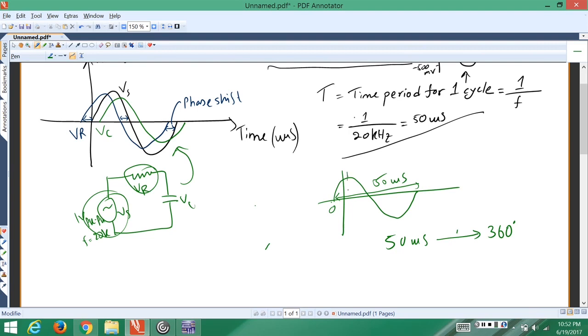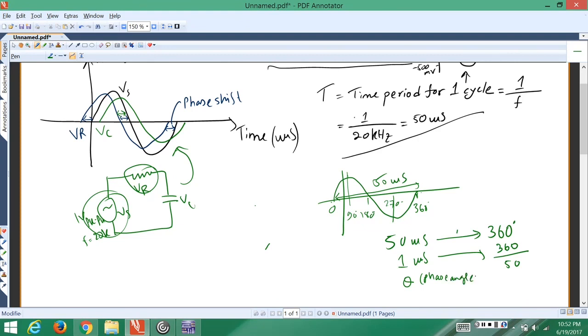If this is 0 and this is 90, and this is 180, and this is 270, this would be 360, right? So what does one microsecond represent over here, and what does this time difference over here represent? How much angle, right? That would be your theta or phase angle.